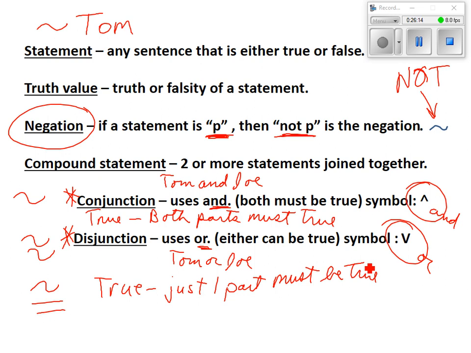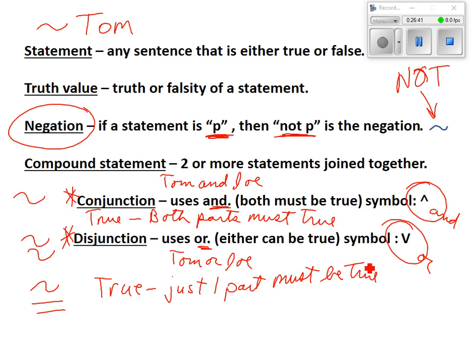It's either a conjunction or a disjunction. It's either got the word and in it or it's got the word or in it. So it's got to be one or the other. So it's not and or. No. I guess you could put and or in there if you're trying to finagle somebody out of something, maybe when you start using that kind of language.